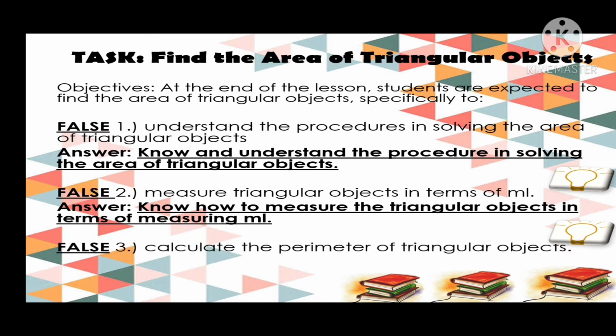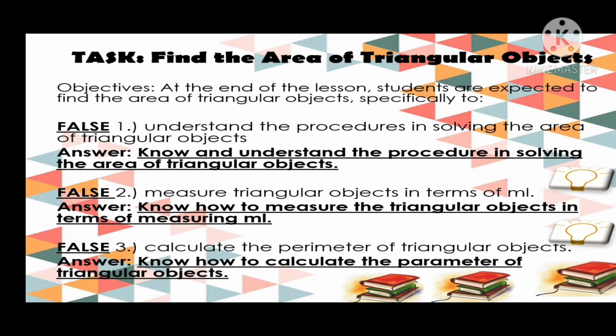Because the answer is know how to measure the triangular objects in terms of ml. If we talk about know how, it means you already know, you are expected to know about it, and you are capable of answering it correctly.